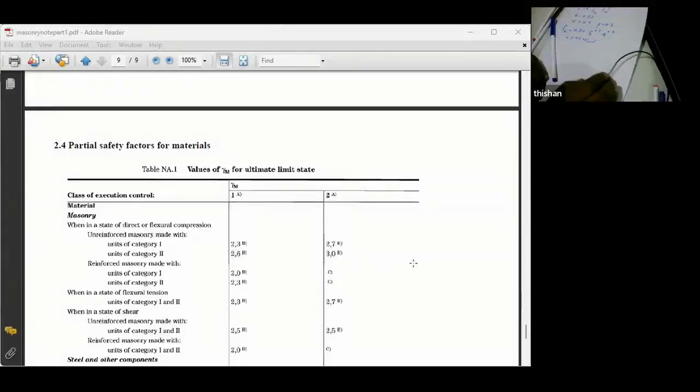The worst case is 3. So I'll assume that gamma m is 3.